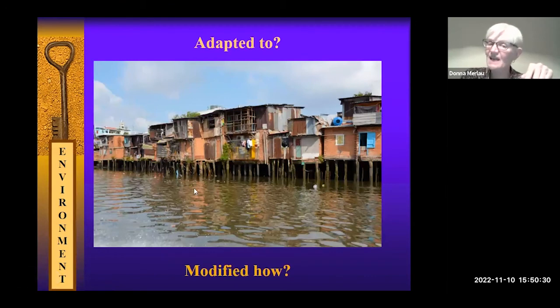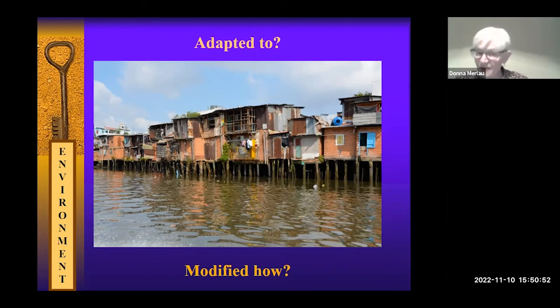So in this case, I know that I'm near water and that it's prone to flooding. So instead of building my house flat to the land, I'm going to adapt to my environment by building it on stilts. I want to raise it up so the water goes underneath it.